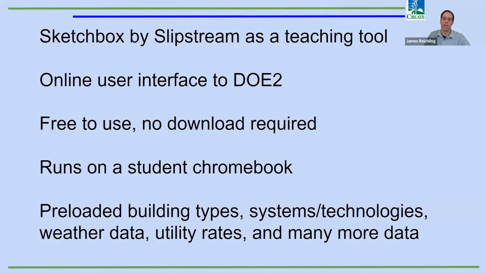In addition, this updates by state to give you state utility rates. And that turns out to be really important because the utility generation mix for electricity, for example, is different in different states. And that has really big implications for carbon emissions. And so all of this flexibility is built into Sketchbox in a way that we can easily access custom information and make detailed specifications for the building that we're trying to design.